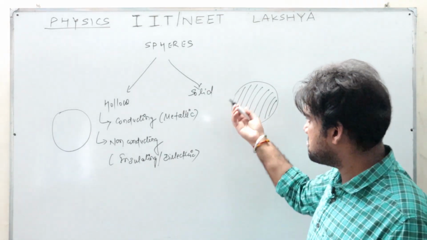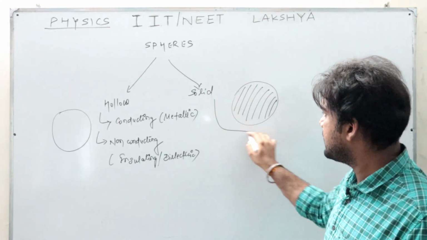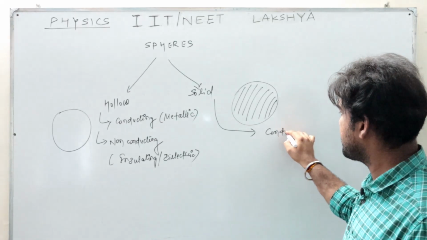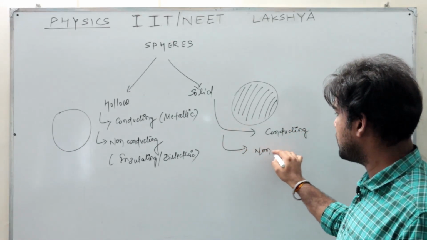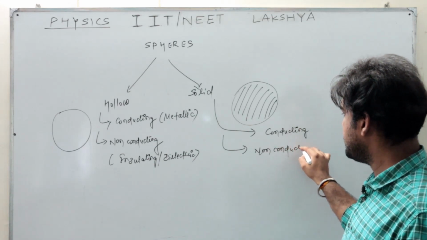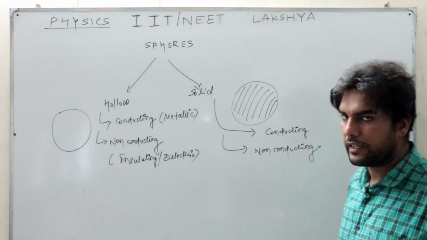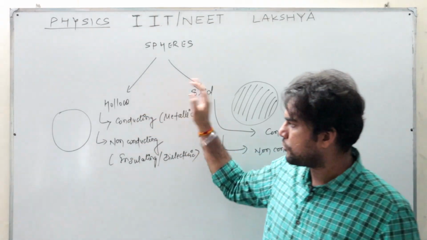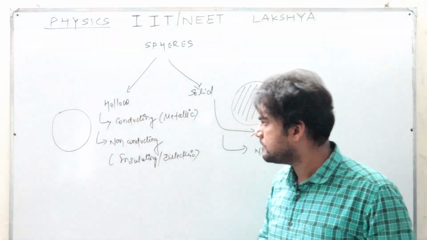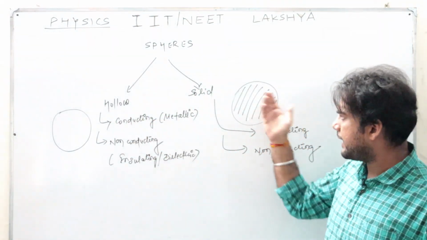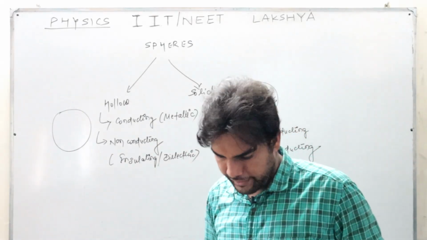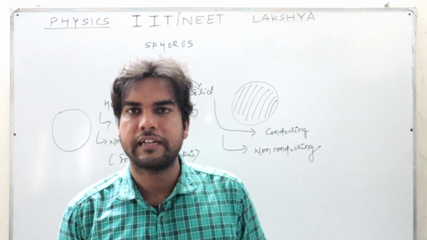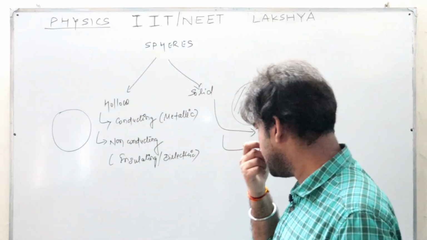Solid also we can divide into two cases: solid conducting and solid non-conducting. So these are basically the four types of spheres: hollow and solid. In hollow, conducting or non-conducting. Again in solid also conducting and non-conducting, meaning the material of your sphere is conducting or non-conducting.